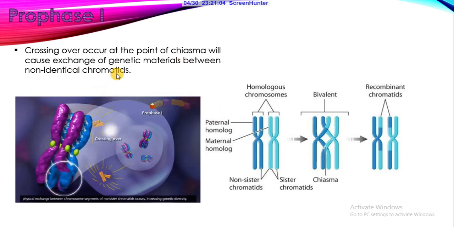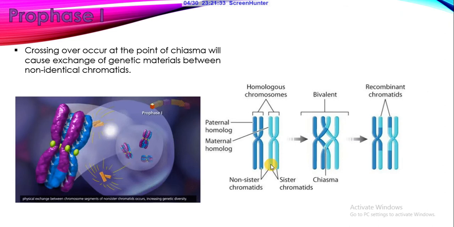Why is it called the non-identical chromatid? If you can remember back in mitosis, I had explained that, for example, in one chromosome, the dark blue, the two legs is what we call as the sister chromatid. And also in the light blue, the two chromatid, the two legs is what we call as sister chromatid.